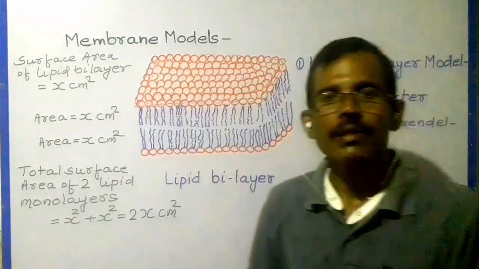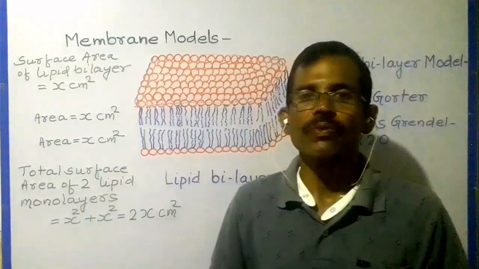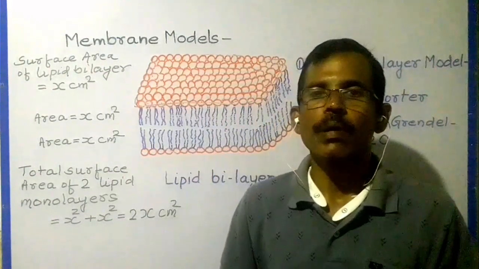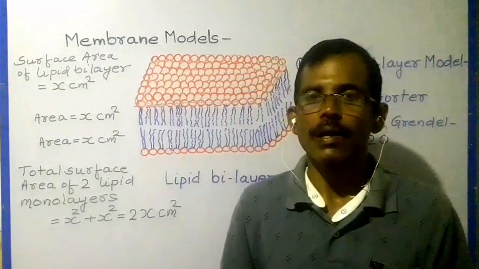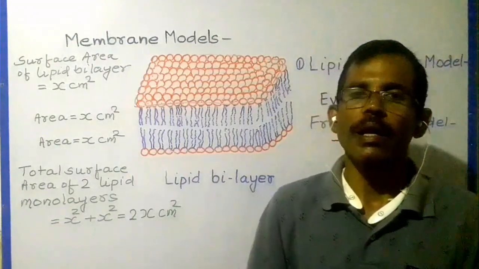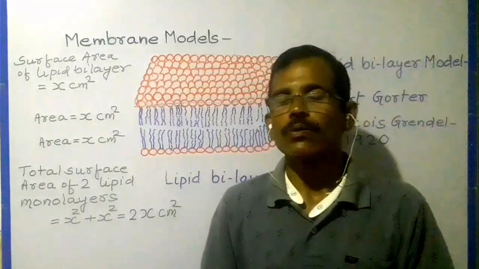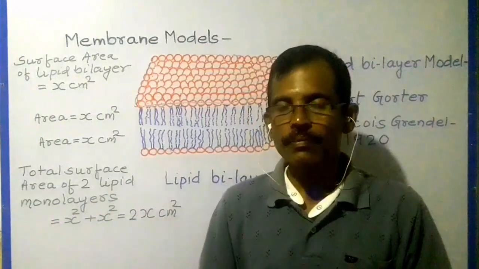Gorter and Grendel extracted lipids from the cell membrane of a known number of red blood cells. They spread those lipids as a monolayer. After measuring the surface area of the monolayer, they compared it with the surface area of the red blood cells.